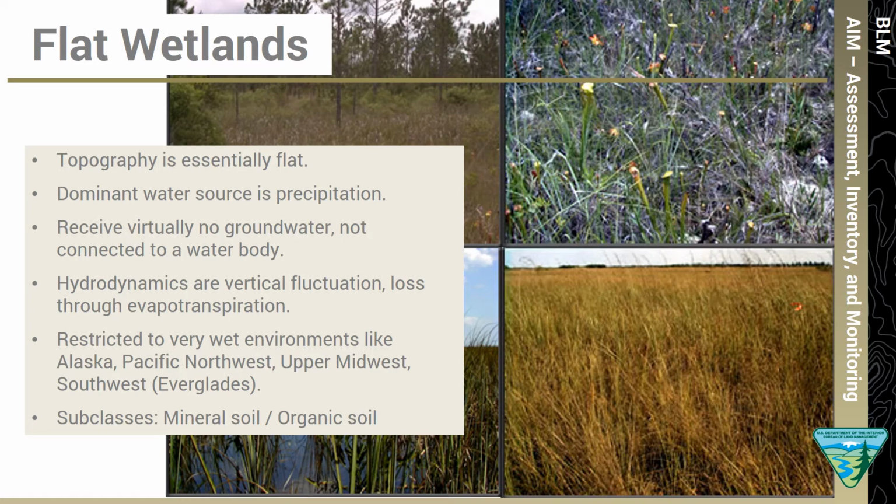Consider whether the local climate supplies enough direct precipitation to sustain soil saturation for weeks or months at a time. There are 2 subclasses to the HGM class, mineral soil and organic soil flats. These are based on the dominant soil type. Bogs, precipitation-fed peatlands, are an example of organic flats.